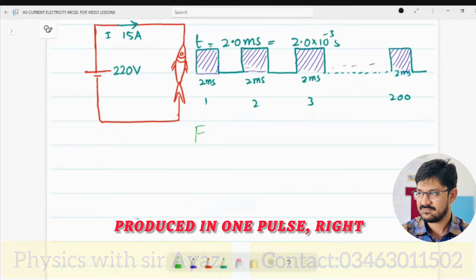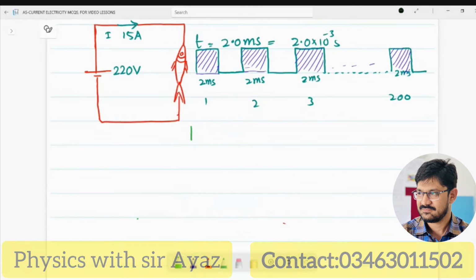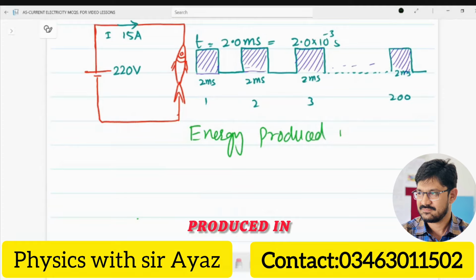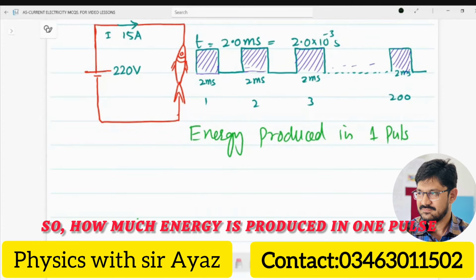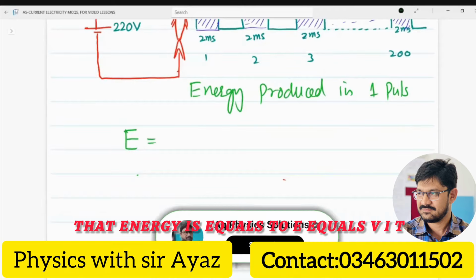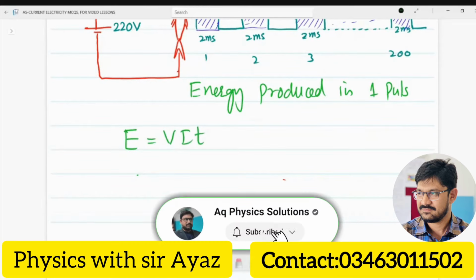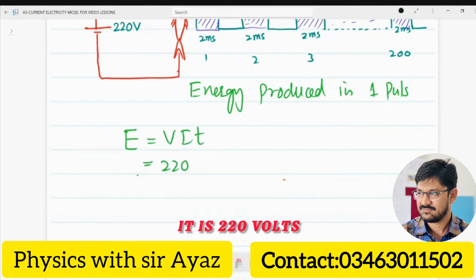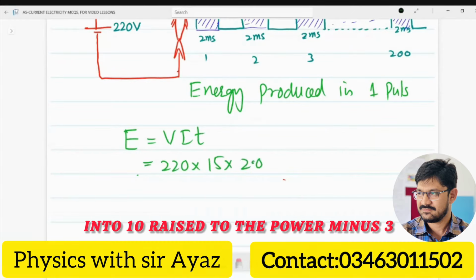So I can calculate the energy produced in one pulse, right? How much energy is produced in one pulse? Because you know that energy is E equals VIT. It is 220 volts, current is 15 ampere, and time is 2.0 times 10 raised to the power minus 3.